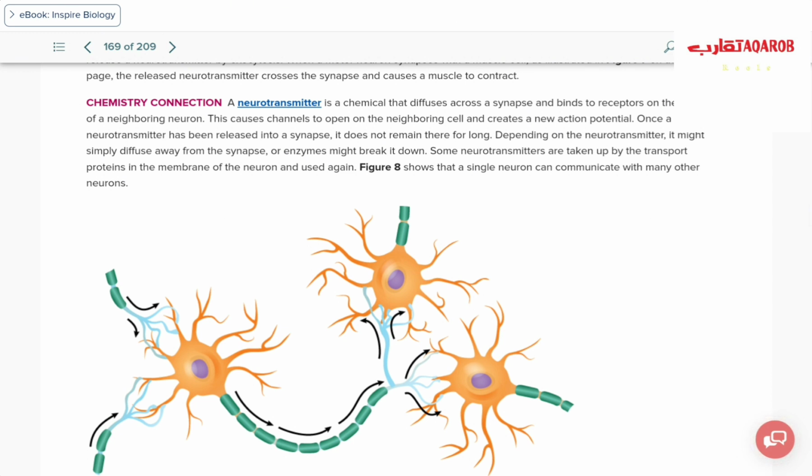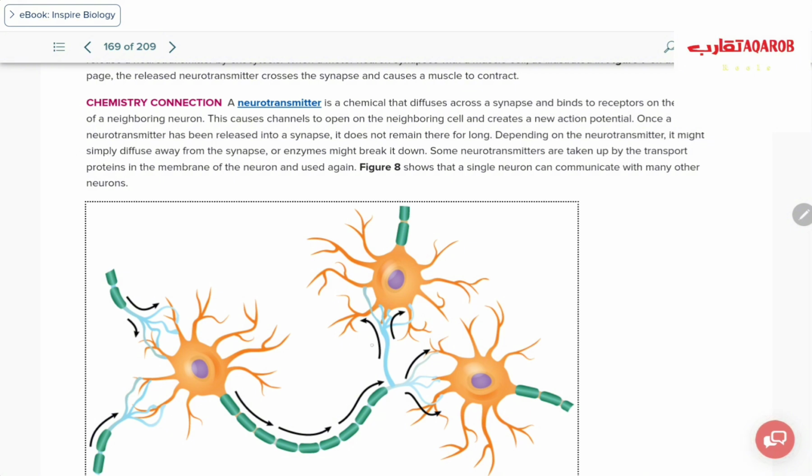Once the neurotransmitter has been released into the synapse, it does not remain there for long. Depending on the neurotransmitter, it might simply diffuse away from the synapse, or enzymes might break it down. Some neurotransmitters are taken up by transport proteins in the membrane of the neurons and used again.